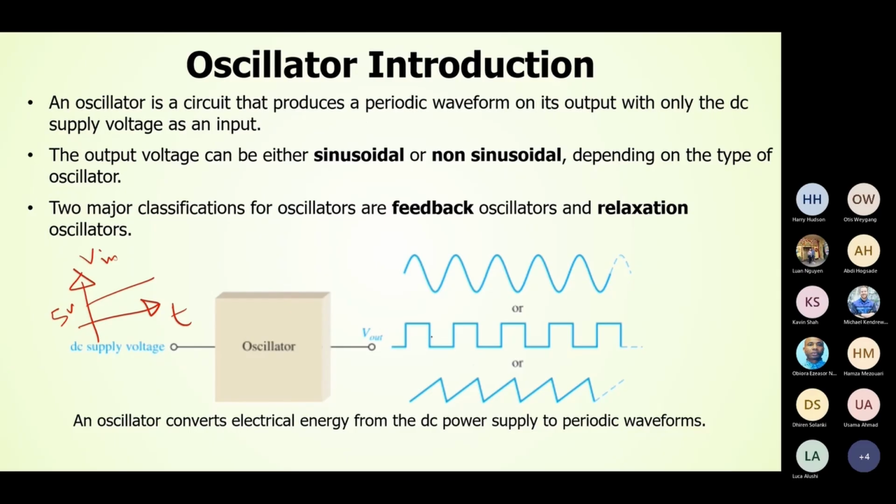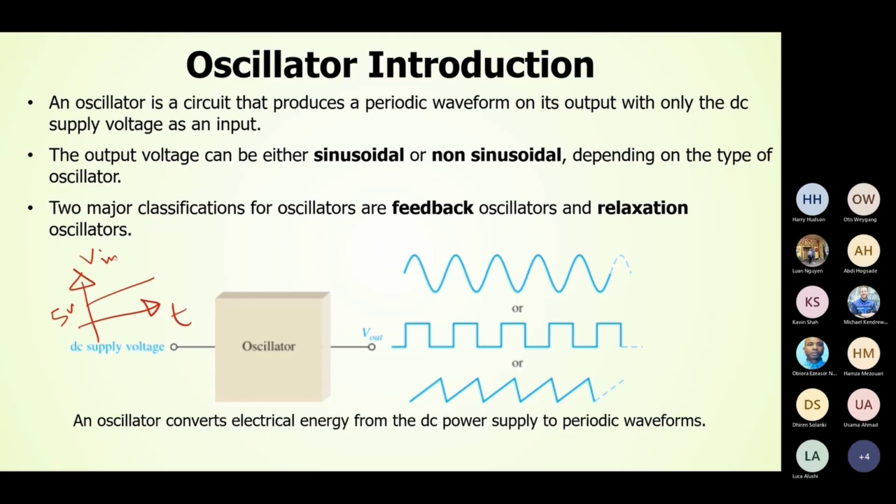So this one is a pulse wave, this one is a triangular wave, this one is a sinusoidal signal, and things like that. So the output voltage of our oscillator can be either sinusoidal or non-sinusoidal, depending on the type of the oscillator. In this module, we concentrated mainly on the sinusoidal oscillator.